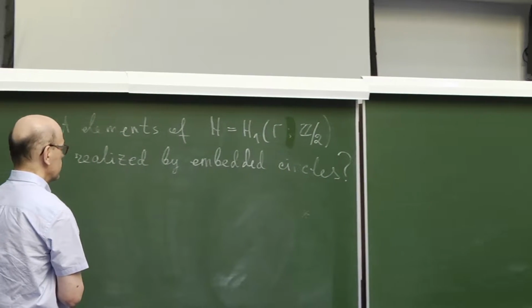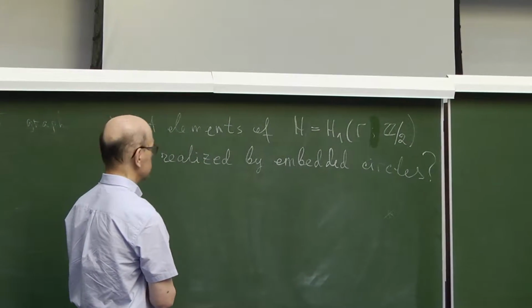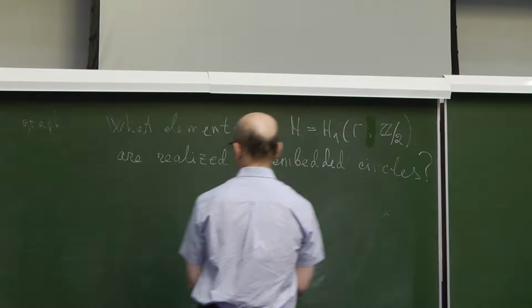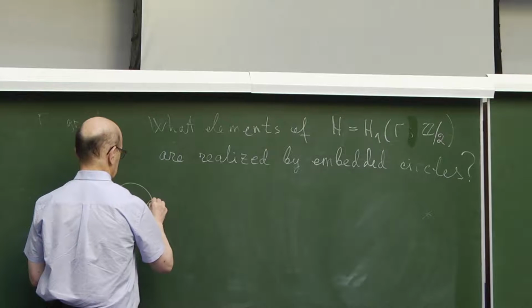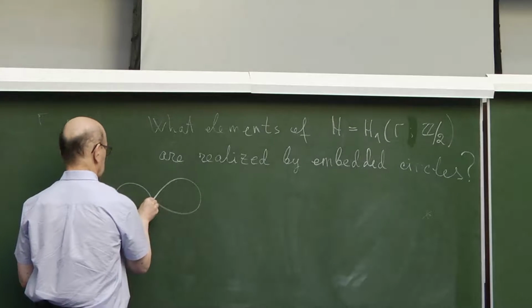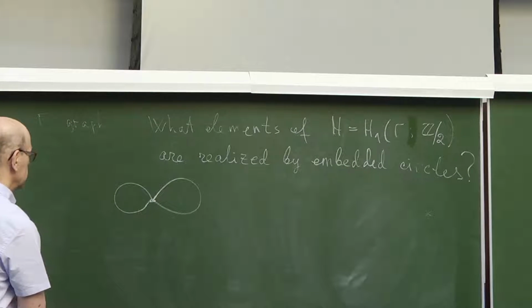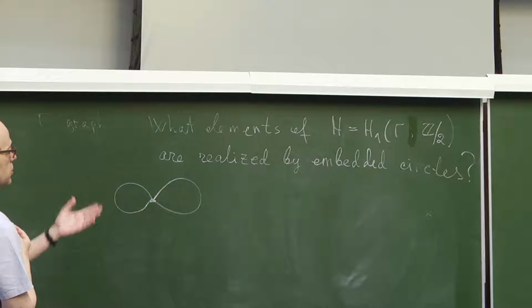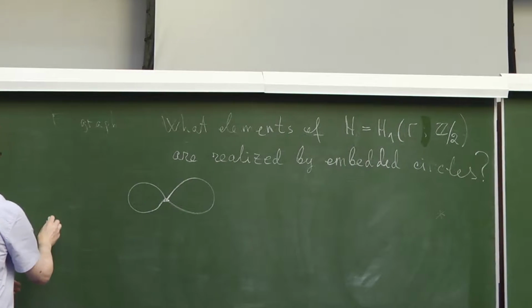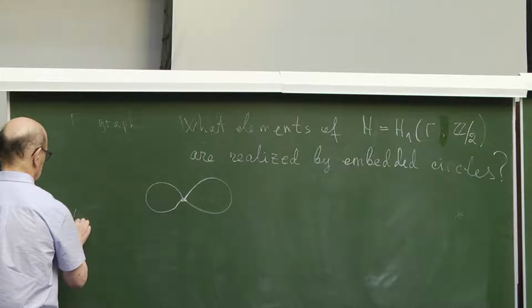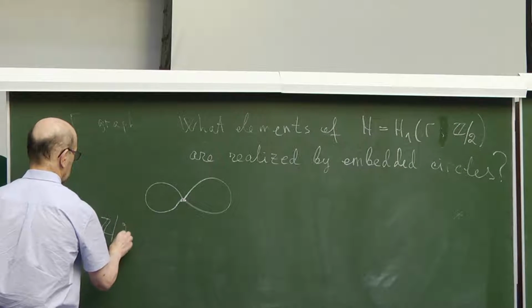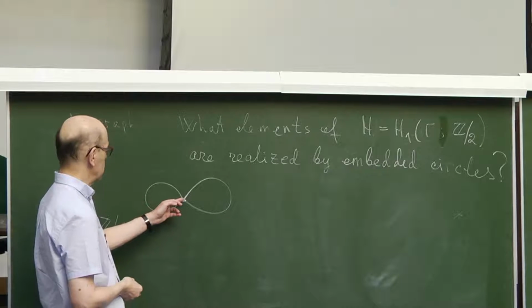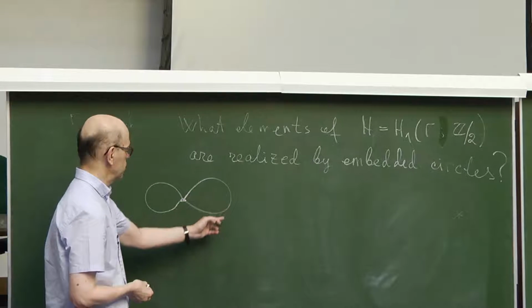Now let's consider a few examples. Let's start with this graph. So that's the graph with one vertex and two edges. Now the homology group, of course, is Z2 squared, Z2 plus Z2. It has two natural generators, the loop on the left and the loop on the right.